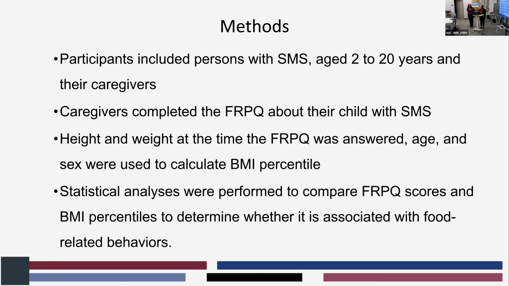We also used height and weight measurements collected at the time of the questionnaire to calculate BMI. For younger patients, BMI percentiles and Z-scores were used because these measures account for age and sex differences in growth. Then we analyzed whether BMI percentile was associated with any of our FRPQ scores and subdomains.